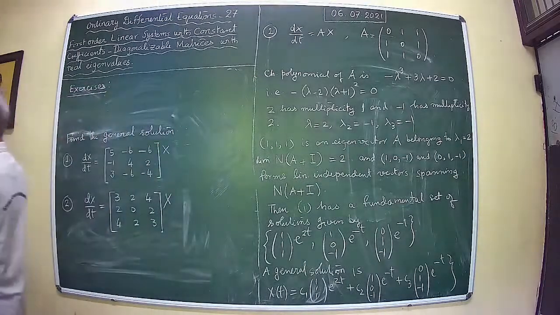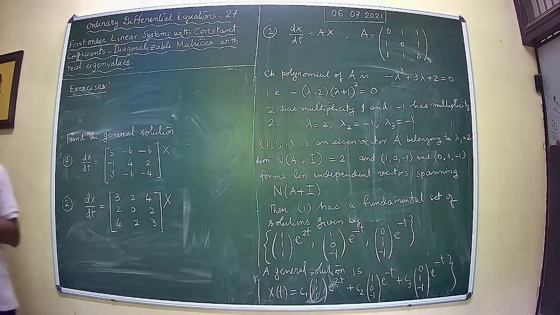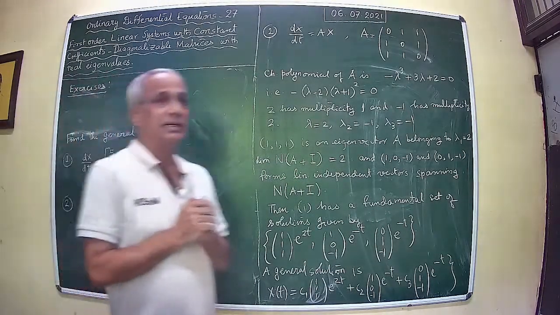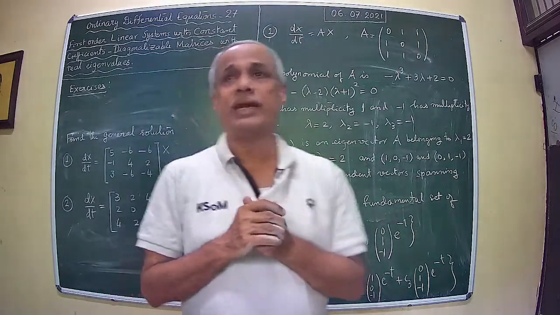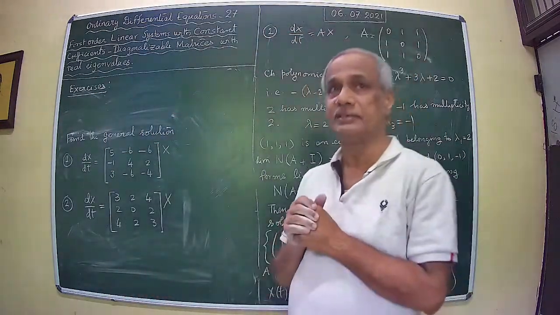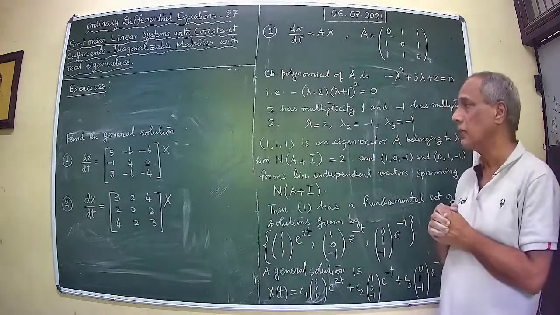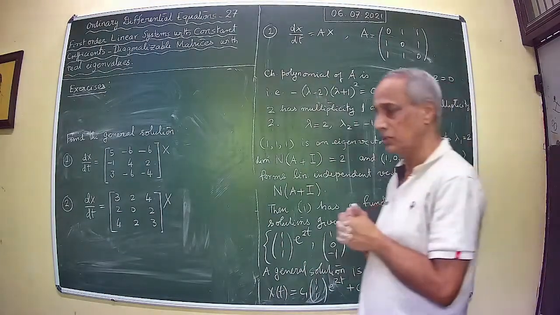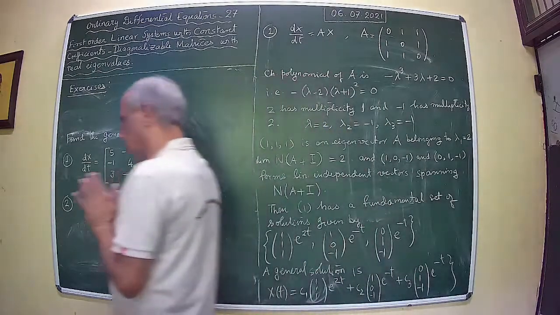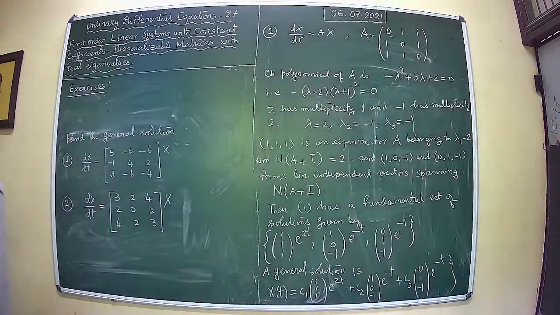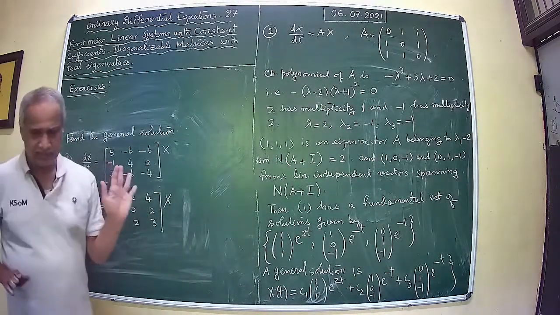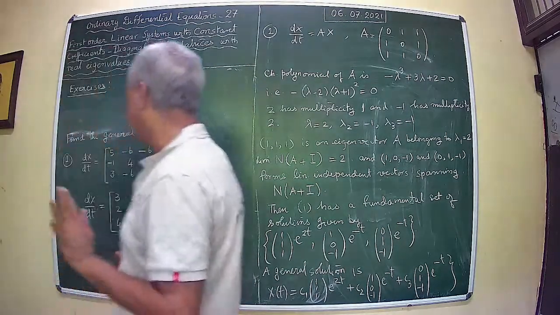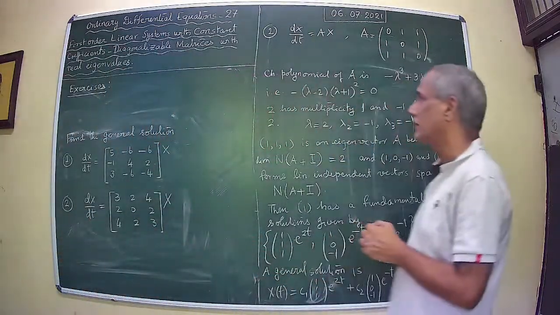That means we go to the more general situation where the operator A is not diagonalizable. In that case, how do you approach the problem? This is the more sophisticated case that we have to consider, but otherwise this is a simple case that we have looked at.